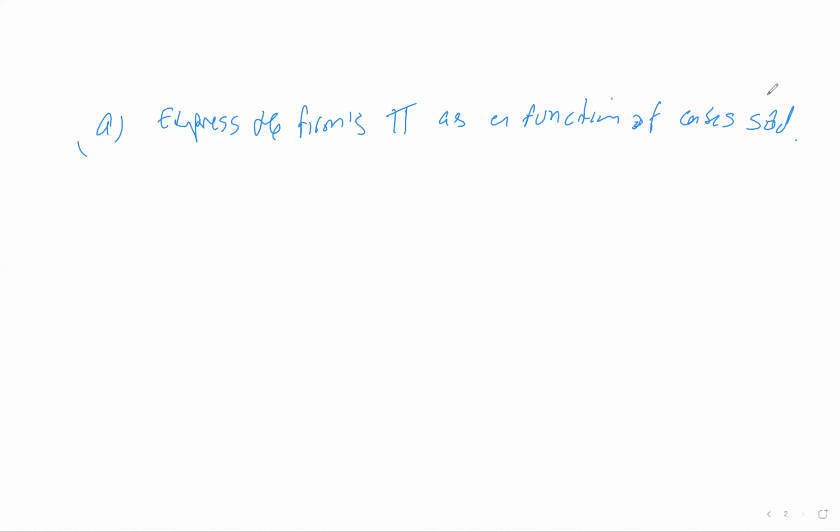So for the first part, A, we have P_S equals A1 minus 1/3 Q, and paying a price of P_B equals A2 minus 1/6 Q. How can we write this? Profit is equal to R minus C, revenue minus cost.